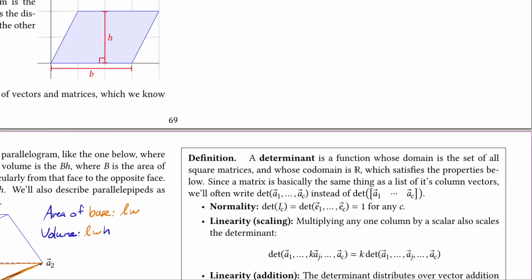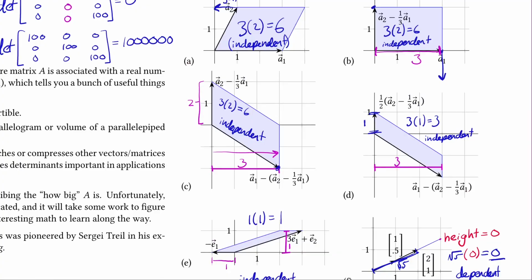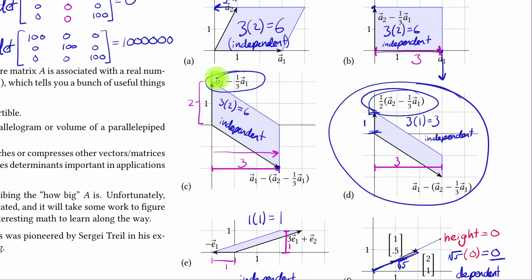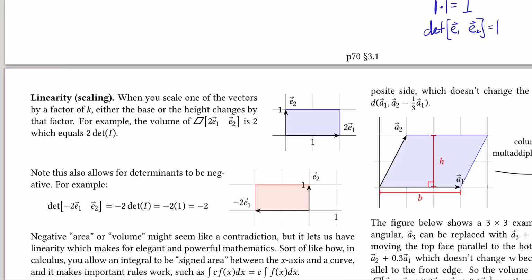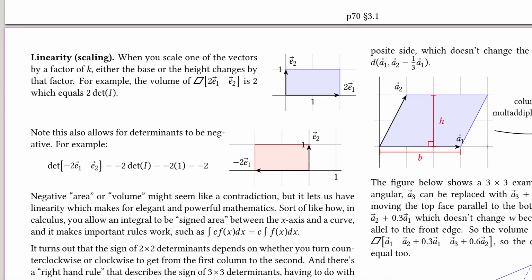You saw an example of that in the warm-up, when you replaced one of the columns by 1/2 times the other one, the whole thing got scaled down by 1/2 and the area was half of what it was before. We also have a picture of this here. The volume of a parallelogram that has one side twice as big as the unit square is 2, which is 2 times 1.